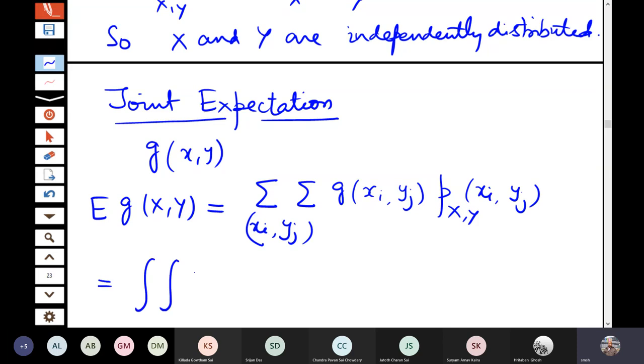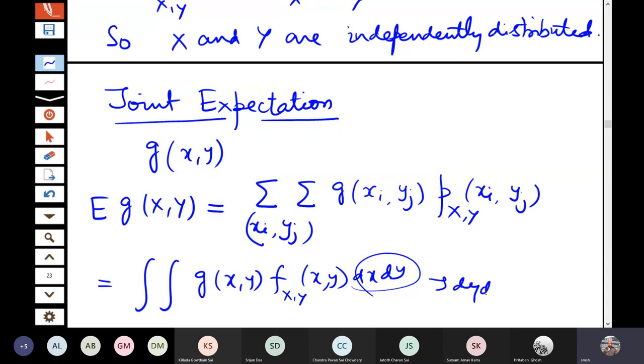And if it is continuous, then it will become a double integral. Of course this dx dy can be dy dx also. You can write any of them, both are the same.